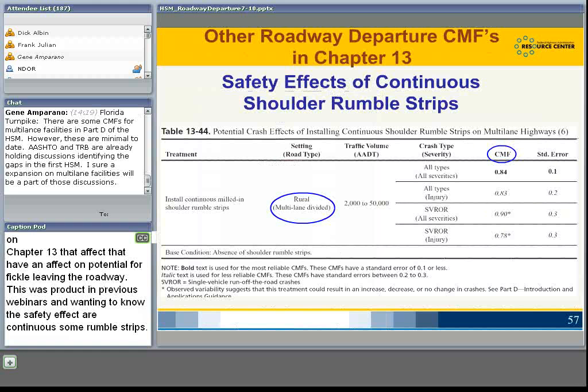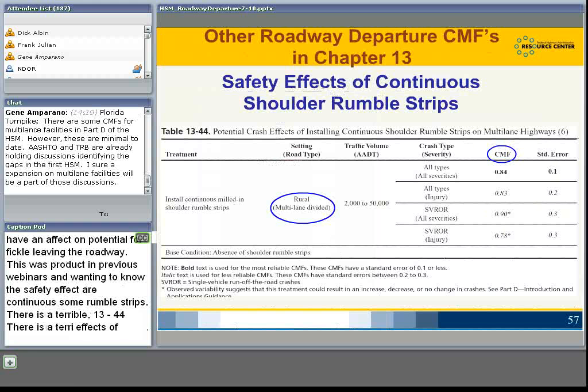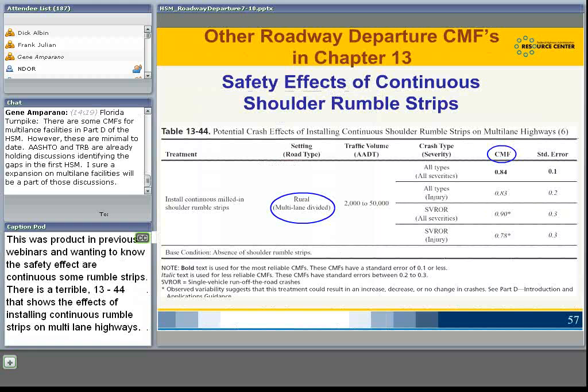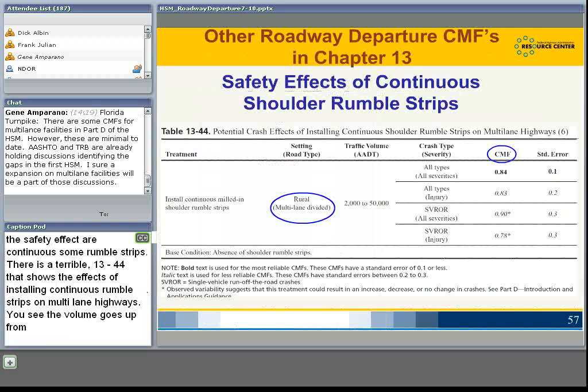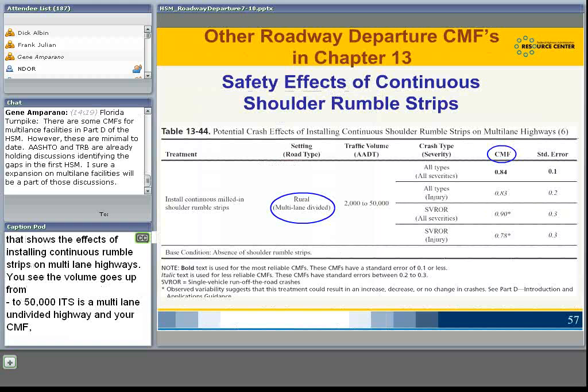However, I did want to highlight a couple CMFs in Chapter 13 that have an effect on the potential for vehicles leaving the roadway. I know that this was brought up in previous webinars, wanting to know about the safety effects of continuous shoulder rumble strips. So there is a table 13-44 that shows the effects of installing continuous shoulder rumble strips on multi-lane highways.